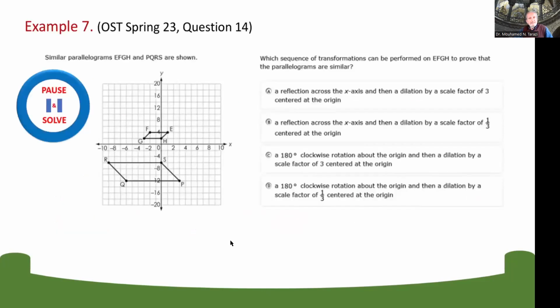Now, example number 7, Ohio State Test Spring 23, question number 14. Similar parallelograms EFGH and PQRS are shown. What sequence of transformations can be performed on this to prove that the parallelograms are similar?